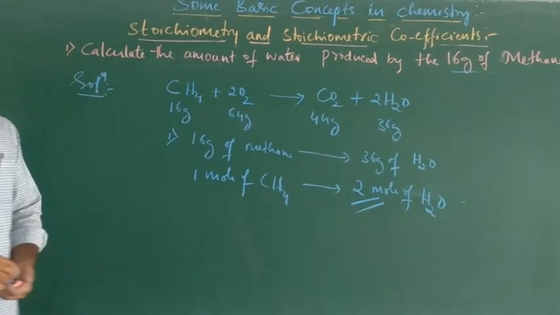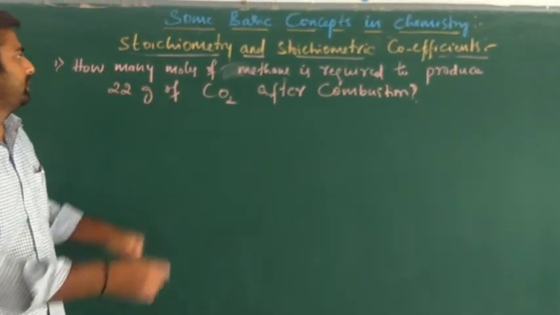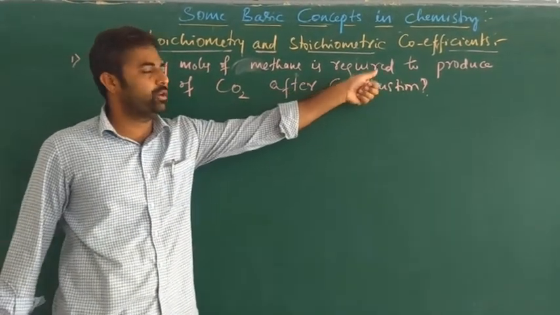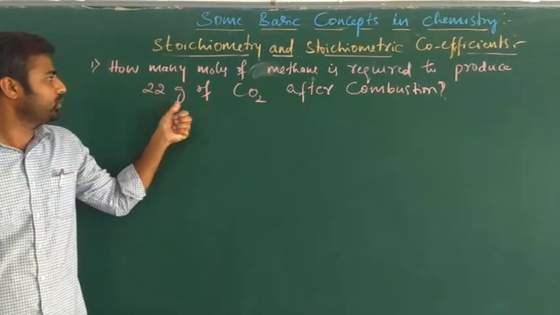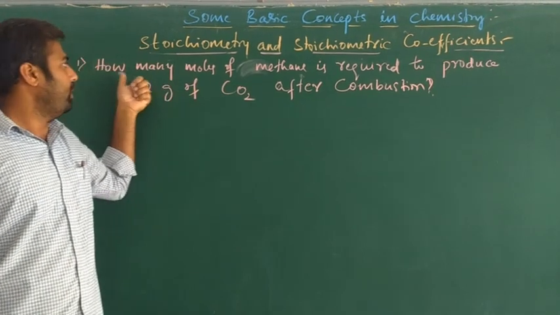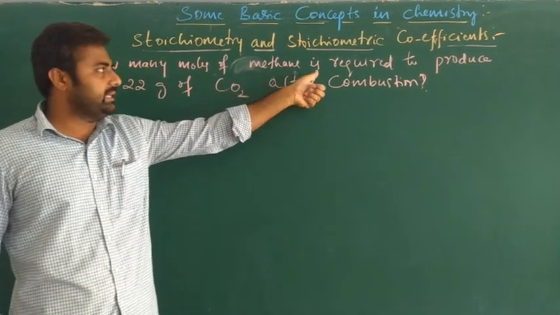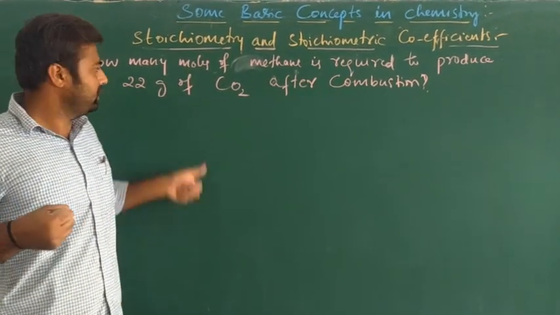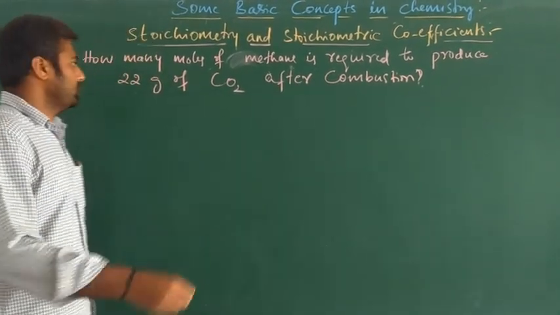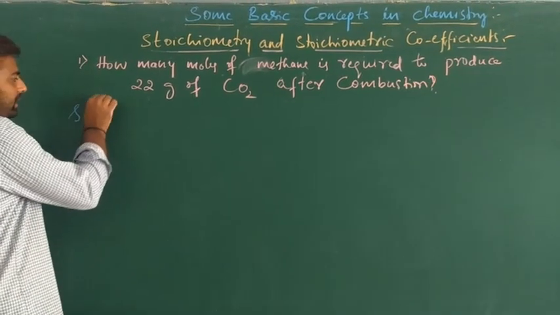Simple. Yes, the second question is, how many moles of methane is required to produce 22 grams of carbon dioxide after combustion? So first you have to write the balanced chemical equation.